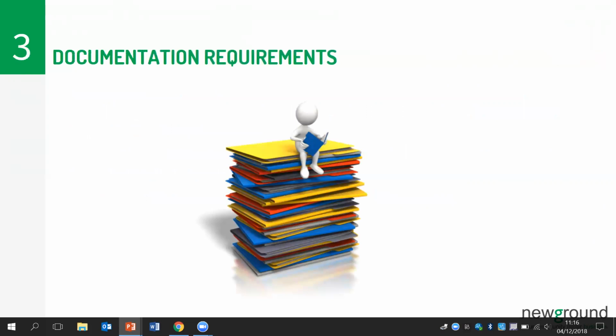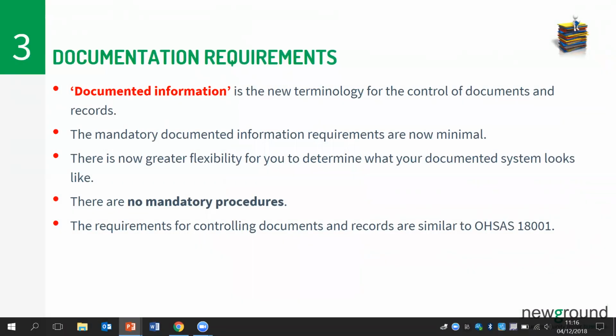I'm now going to take you through the new documentation requirements, which is the third significant change that I wanted to go through this morning. Documentation now comes into clause 7 of the standard, which is the support clause. Documented information is the new terminology that is used, which replaces the old phrases of control of documents and control of records.